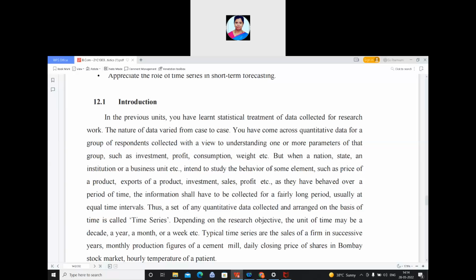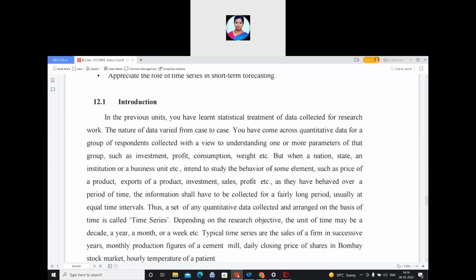When a nation or state or institution or a bus, likewise anything, is taken, our intent is to study the behavior of some elements, such as the price of a commodity, exports of some commodity or product, investment, sale of any commodity, or profit.